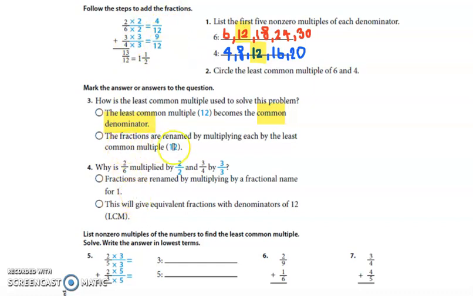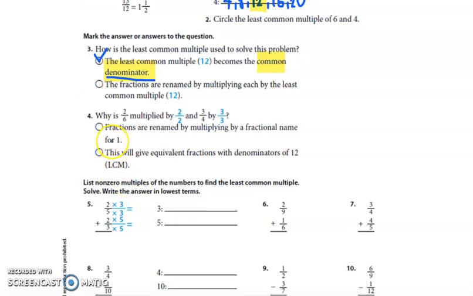Or are the fractions renamed by multiplying, or do we multiply number 12 with our fractions? When we look at this part, we know that we never multiply any number with 12. But we know that number 12 is used for the denominator. So this is the right answer.